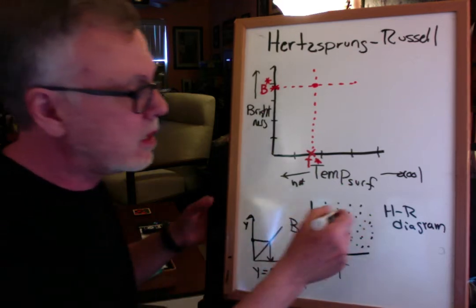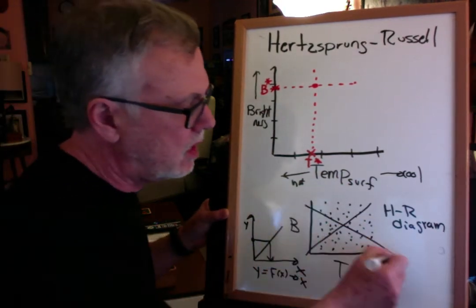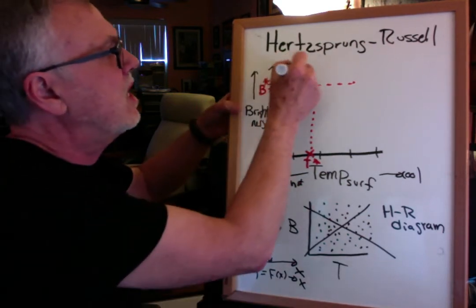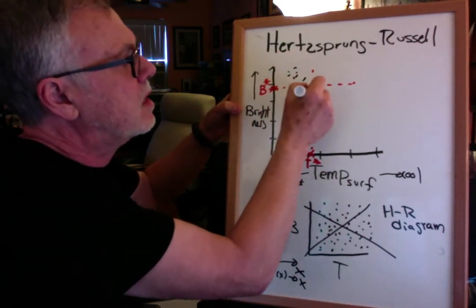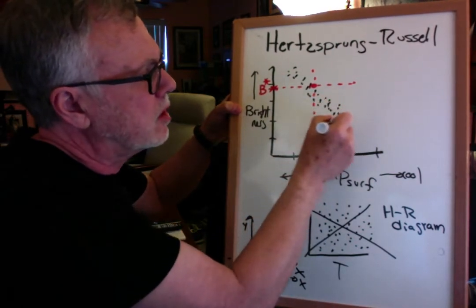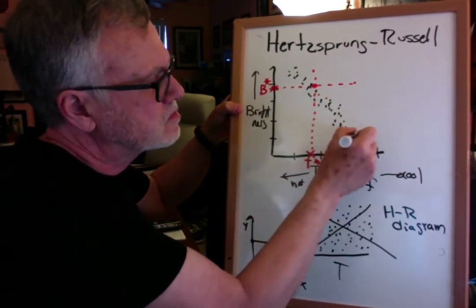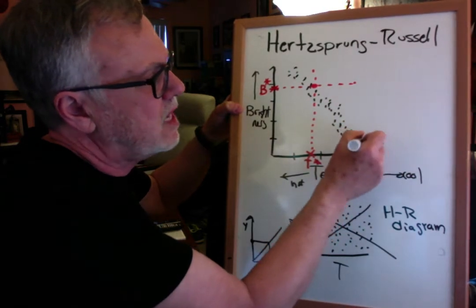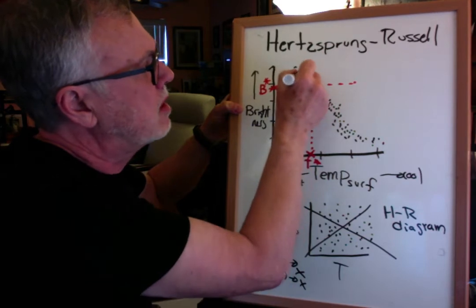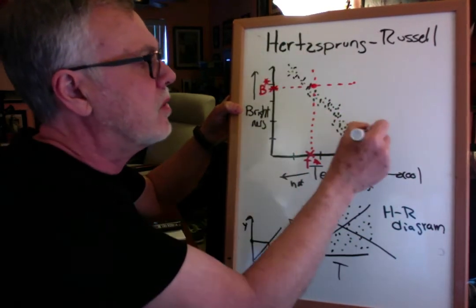But luckily, what happened is they did not discover that, but rather what they discovered is that data points basically fell within a very narrow region. Each one of these dots represents a data point for one star that we had plotted on this.